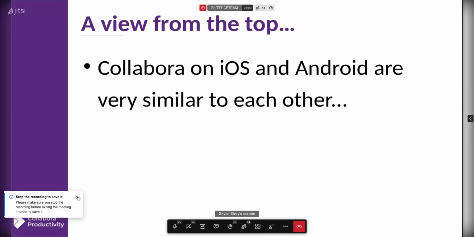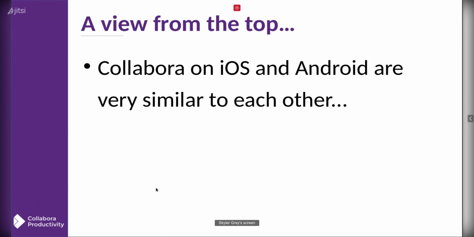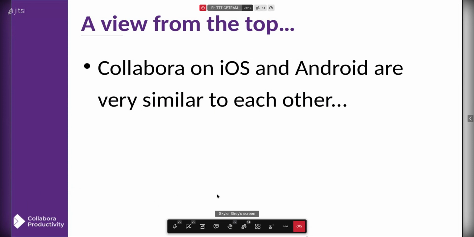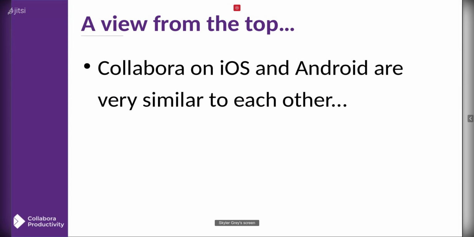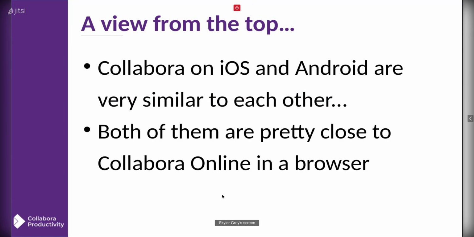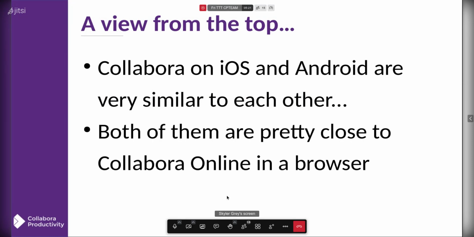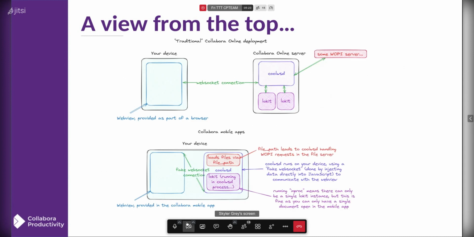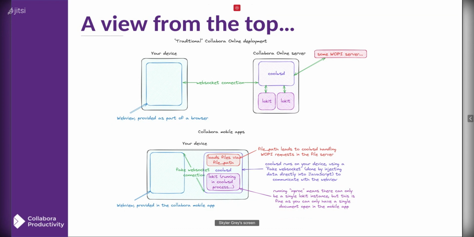So Collabora are on iOS and Android. They're very similar to each other, and they're also very similar to Collabora Online in your browser. In fact, here's an oversimplified view of what your browser might be. So you have a web view as part of your browser, and it connects over WebSocket to a Collabora online server.